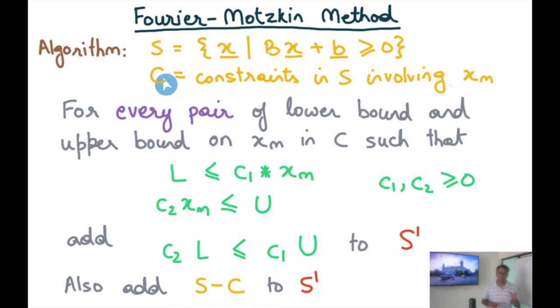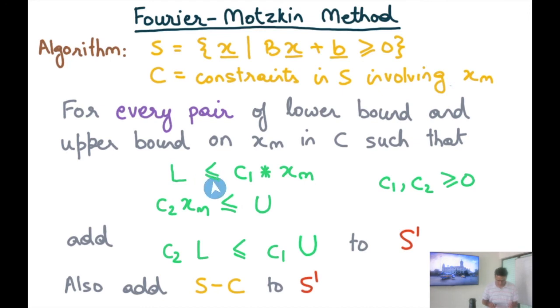But for the constraints that involve a non-zero coefficient for xm, basically that's a system of inequations. So C is nothing but a system of inequations, each of which has xm in it. So you bring them into a certain form, which is either you write them as L is less than or equal to C1 into xm, where L can be some affine expression on all the variables except xm, and then you bring xm here, and here I'm assuming that C1 should be greater than or equal to 0.